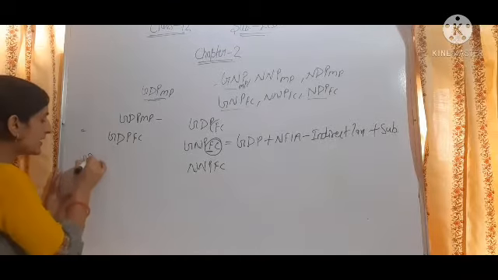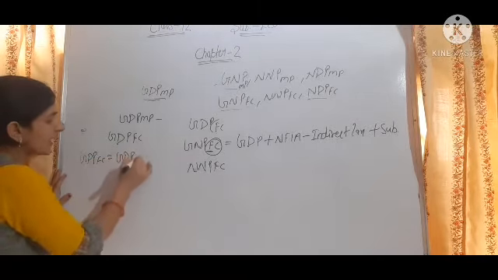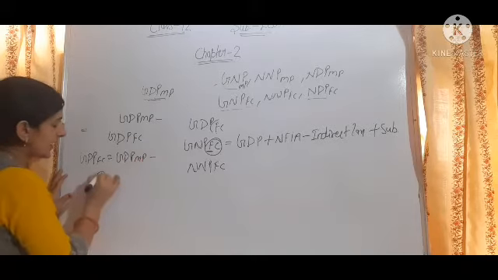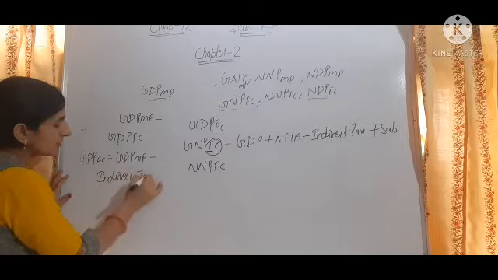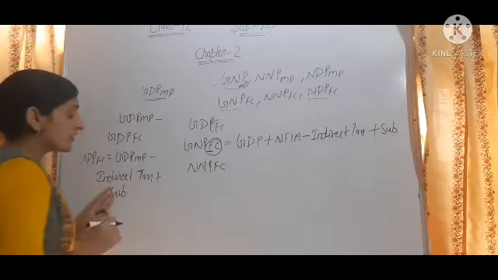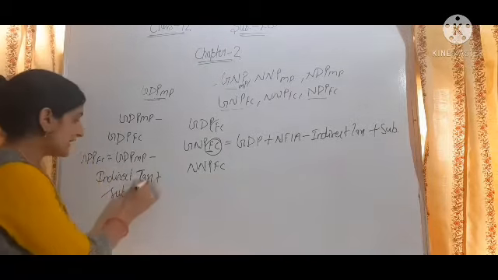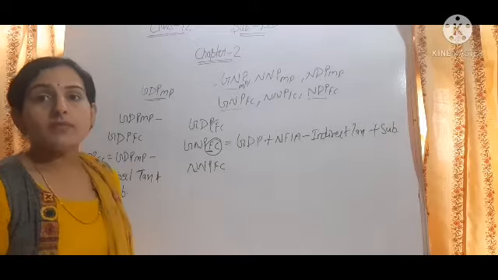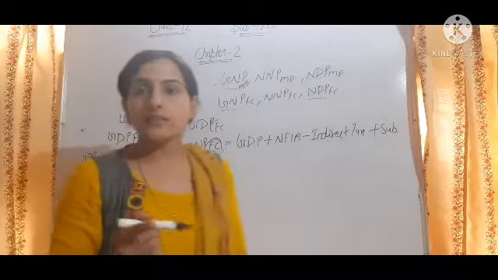So GDP FC equals GDP MP minus indirect taxes plus subsidy. So we will exclude indirect taxes and add subsidy. So this will become GDP at factor cost from market price.